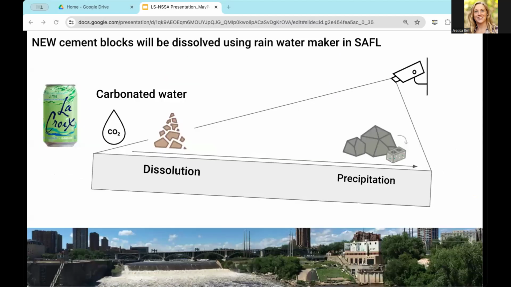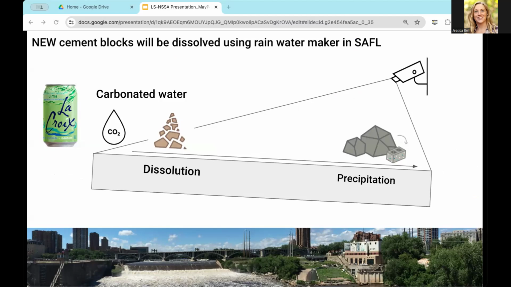So how are we going to test this? We first make new cement blocks, and they'll go through a weathering process, which will be a raining situation. We'll build our own material, make a block, and put it in the rainmaker in the SAFL, and we'll start to make rain with the carbonated water.